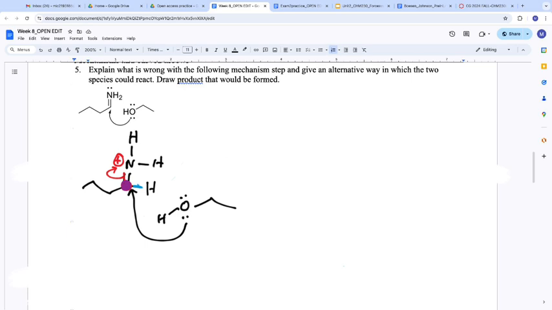What you're trying to do is take advantage of ways that you have charge imbalances and how you can move those electrons around to satisfy and either stabilize or destabilize varying structures. For the sake of this class, what we're going to do is stabilize. You do not want to destabilize anything.